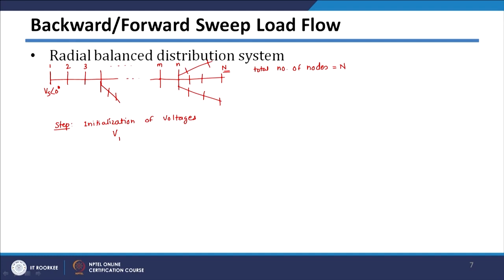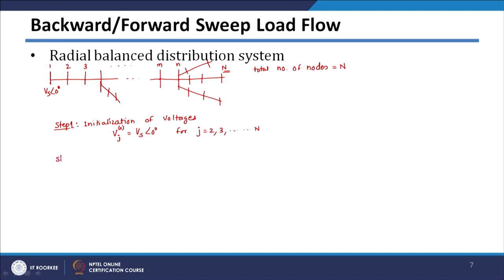So, I can say Vj at 0th iteration will be equal to Vs angle 0 degree, and this will be defined for all j's starting from 2, 3, up to n. So, basically we are assigning all the nodes j, which is changing from 2 to n, the voltage Vs angle 0 degree. That is your step 1.